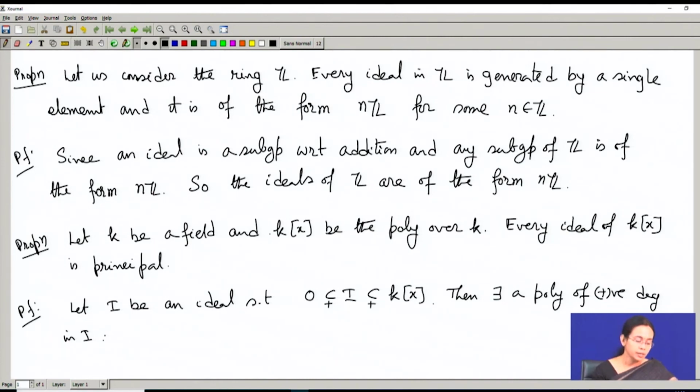Let f(x) in I be a polynomial having the smallest positive degree.